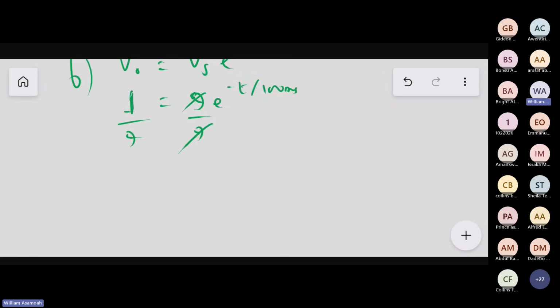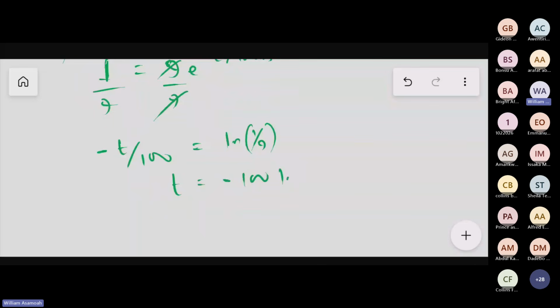So negative t on 100 is equal to ln 1 on 9. Then t is equal to negative 100 ln 1 on 9. What will you get if you enter this in the calculator? Please, what's the answer? 219.72.